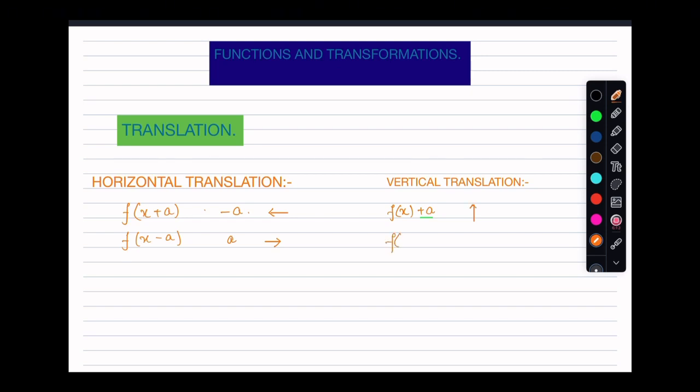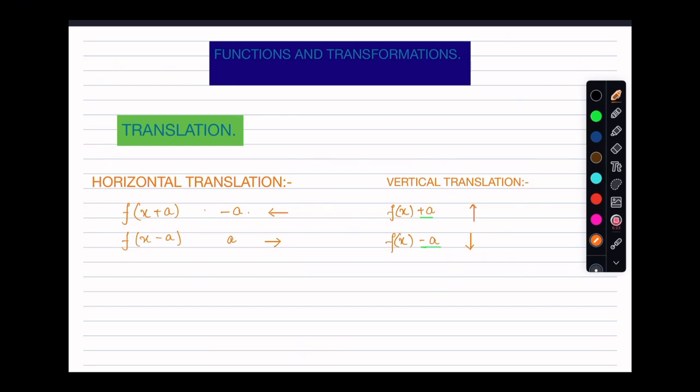And if it is f of x minus a, then because of this negative a, my graph shall be moving downwards, or translated downwards vertically in the y direction. So this is what horizontal and vertical translations are.